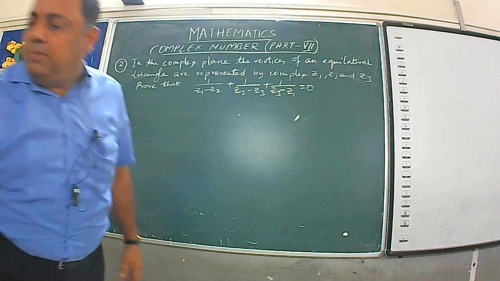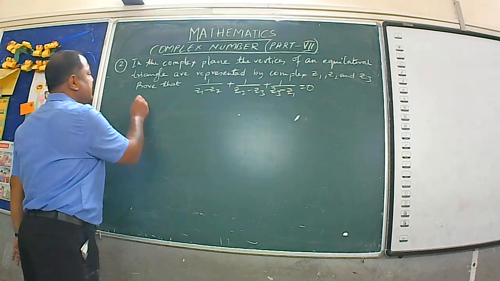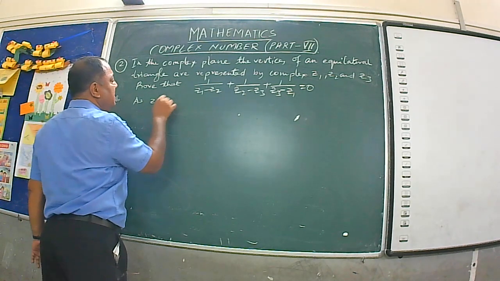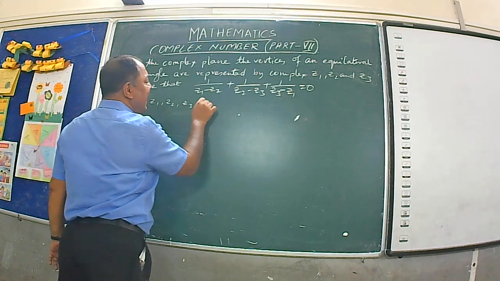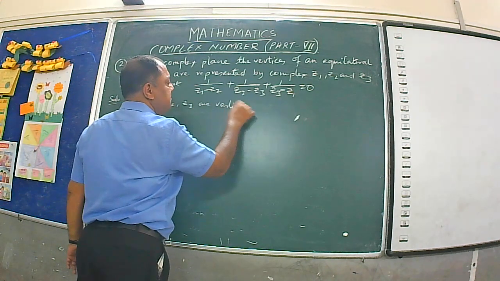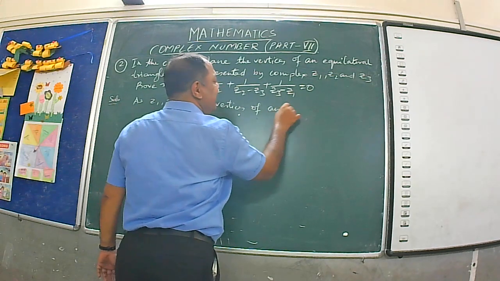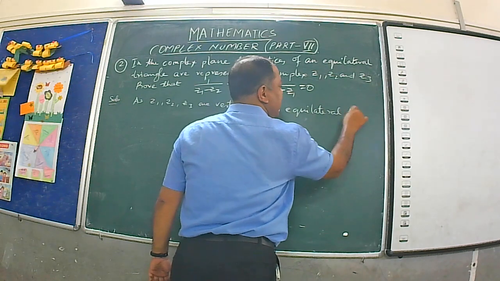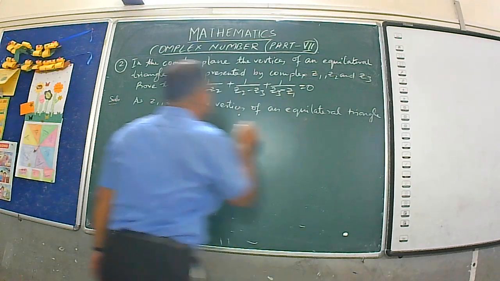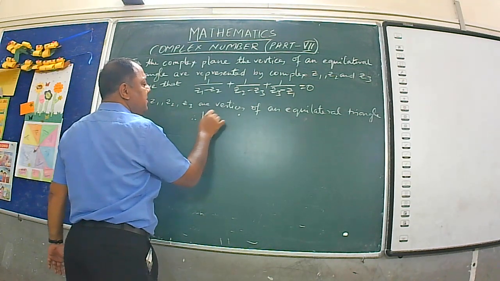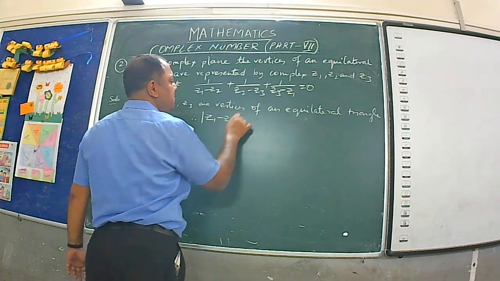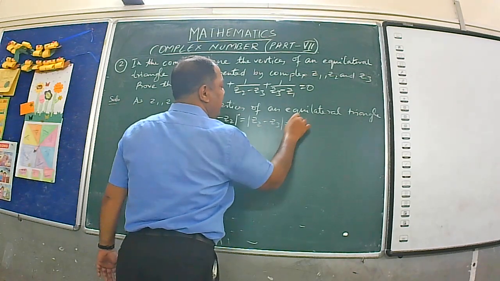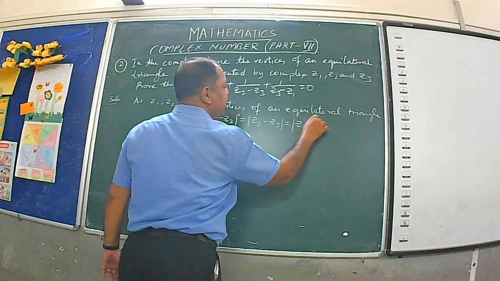Now, as far as this problem is concerned, as Z1, Z2, Z3 are vertices of an equilateral triangle, therefore mod Z1 minus Z2 equals mod Z2 minus Z3 equals mod Z3 minus Z1.